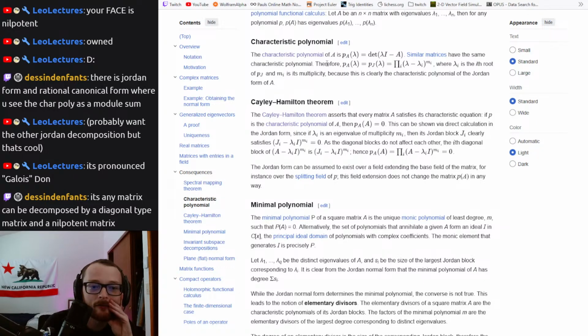I saw that, Destin, on the other page. So the characteristic polynomial of any matrix A is equal to the characteristic polynomial of the Jordan normal form of that matrix? Oh, well, yeah, sure. That makes sense.